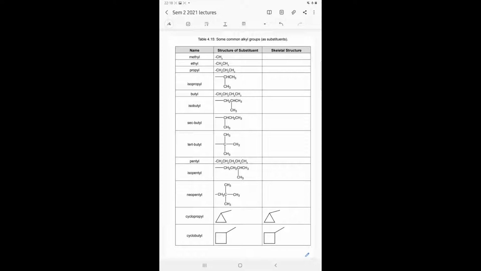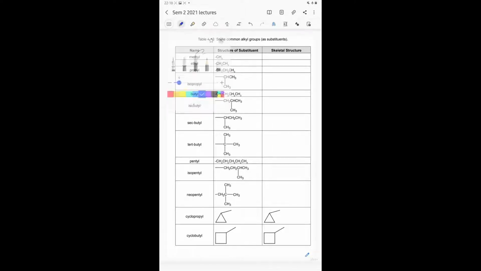Now I'm going to show you how to remember some shapes of alkyl groups. Maybe not all, but some of them have a very unique shape that can help you to remember the name of it. So let's start.